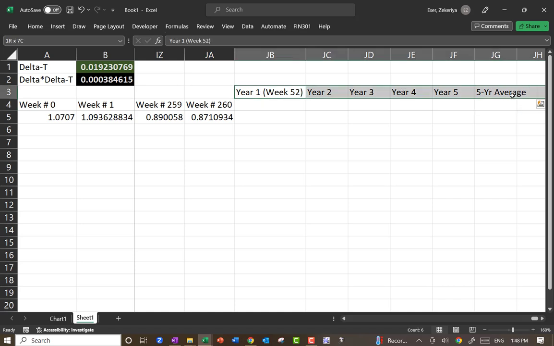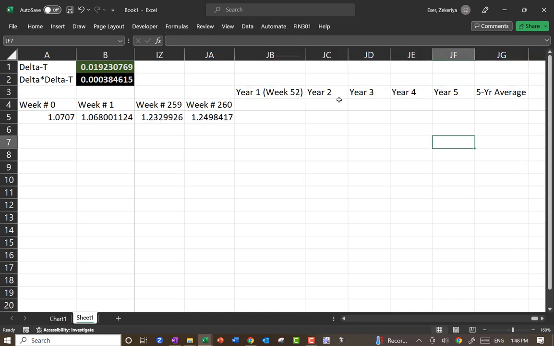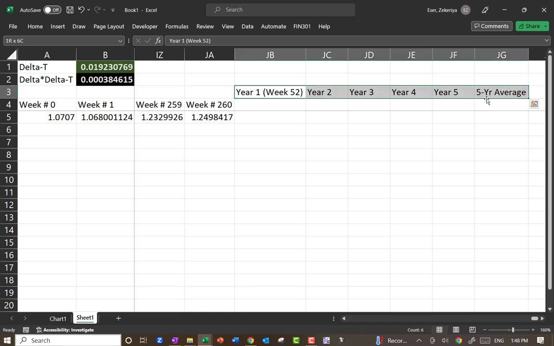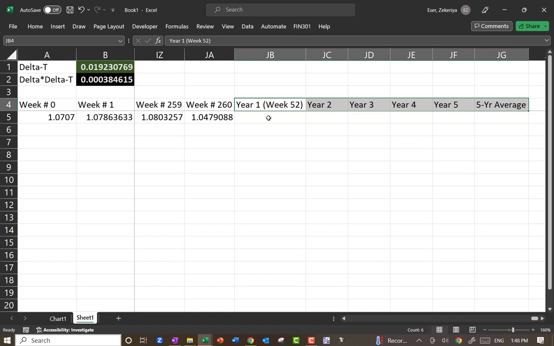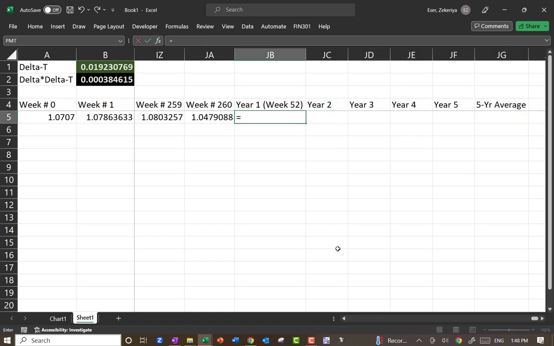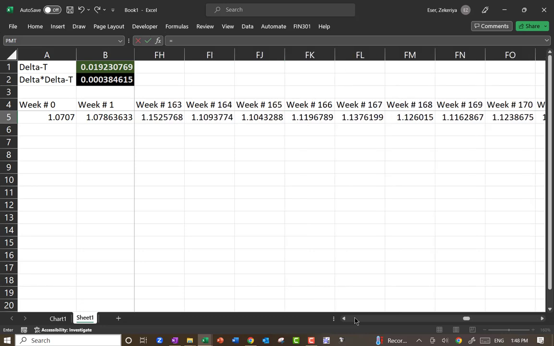So I'm gonna get the price from week 52.